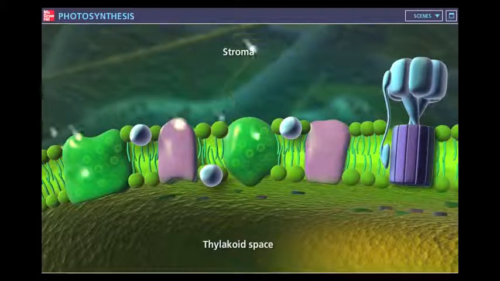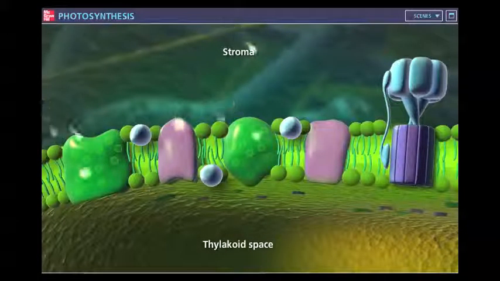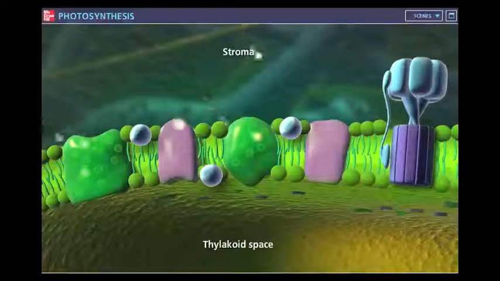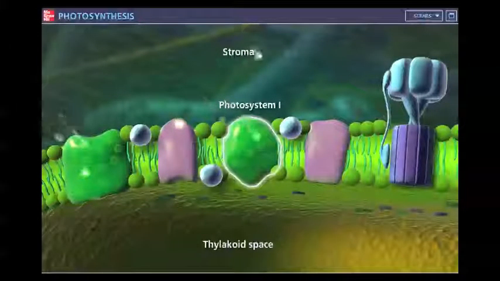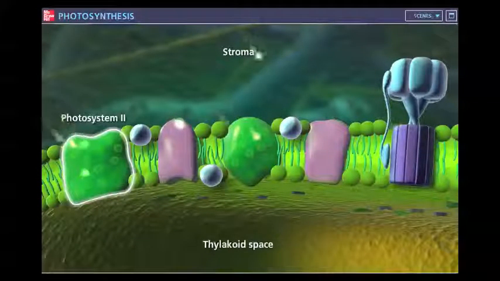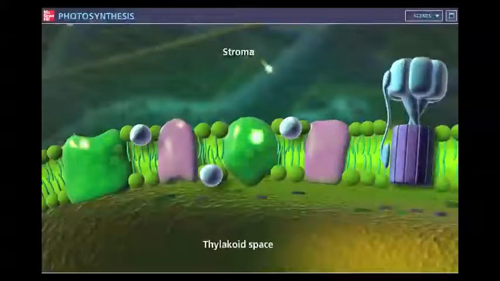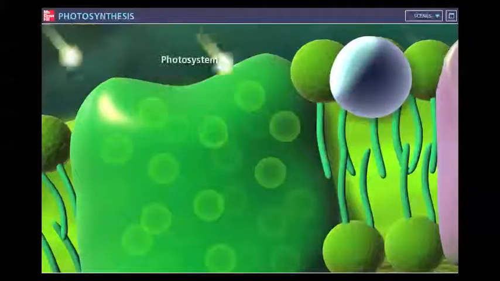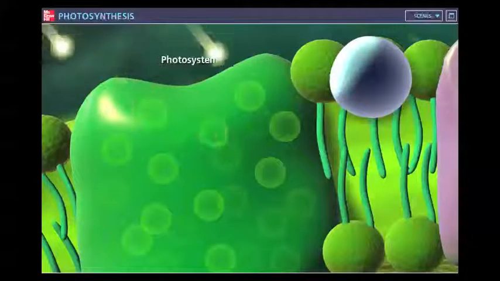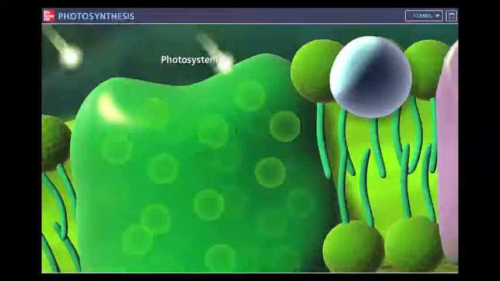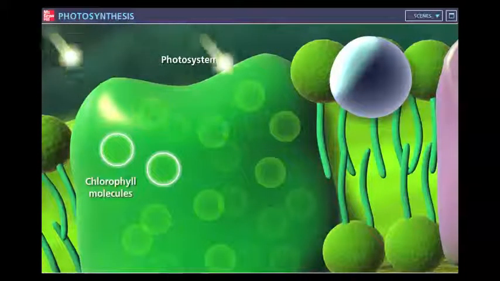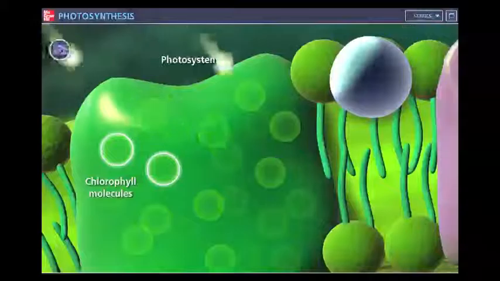In most photosynthetic organisms, thylakoids contain pairs of photosystems called Photosystem I and Photosystem II that work in tandem to produce the energy that will later be used in the stroma to manufacture sugars. The photosystems of the thylakoid consist of a network of accessory pigment molecules and chlorophyll, the molecules that absorb the photons of light.